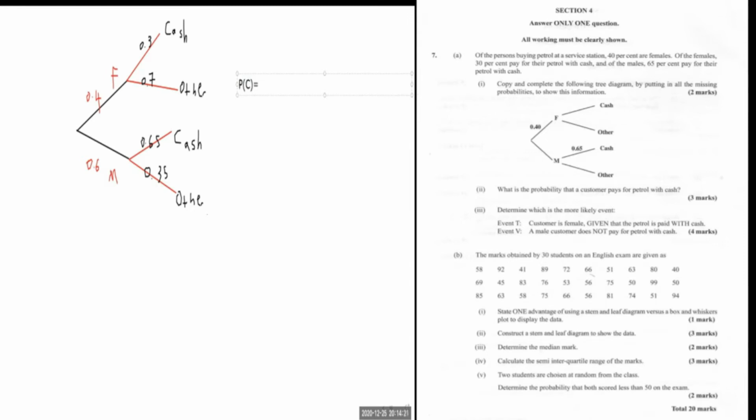The probability of the person paying with cash, it can either be a female paying with cash, so it can be 0.4, probability of female, times cash, 0.3, plus it can be a male that is also paying with cash, so that's 0.6 times 0.65. That will give you the probability of a person paying with cash.